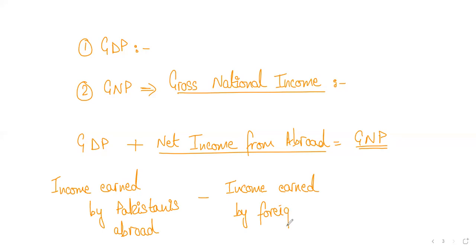How many of you got this? Did you guys understand what I've written over here? Living in Pakistan. And that is basically your net income from abroad. Is this making sense? Or is it too complicated?